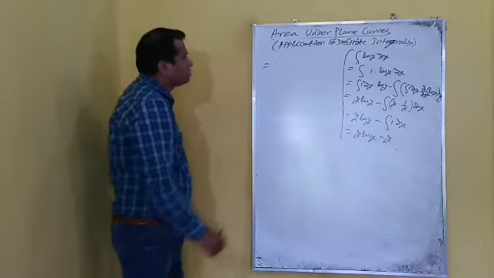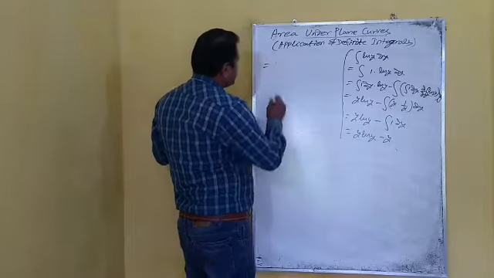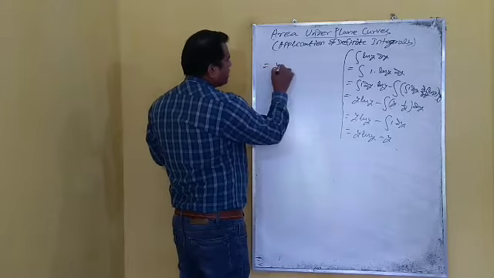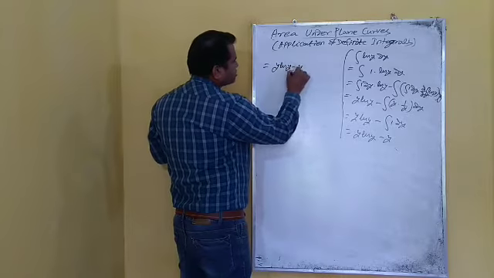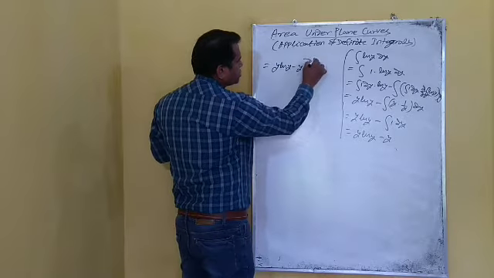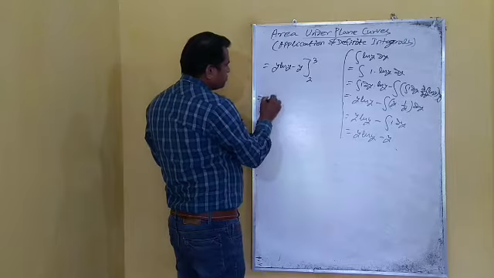Okay, so here we write y ln y minus y from 2 to 3.